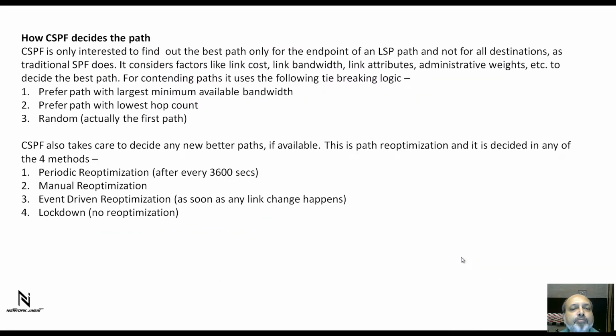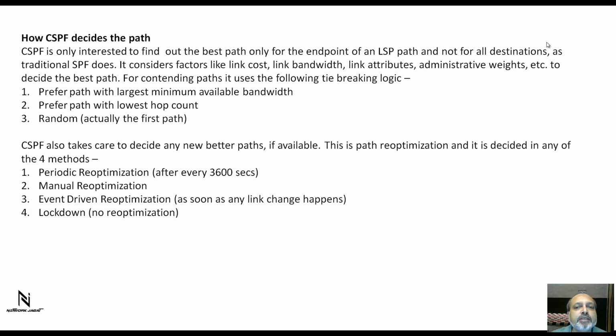Now for contending paths, that is, if CSPF comes across several paths, all of which can be considered good paths for reaching the tail end, what will it do?